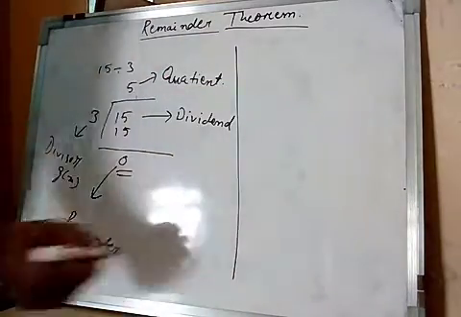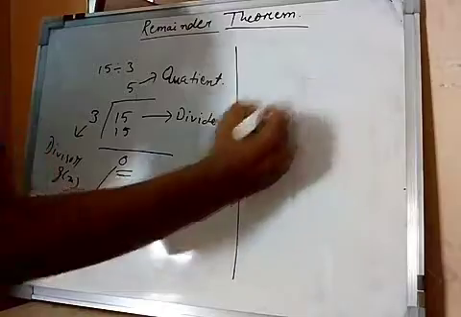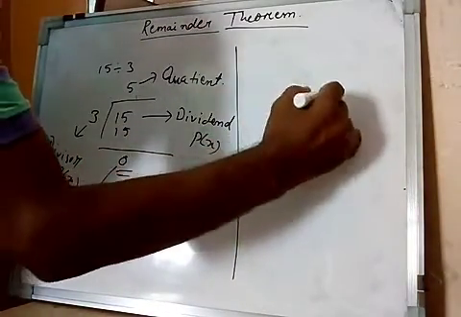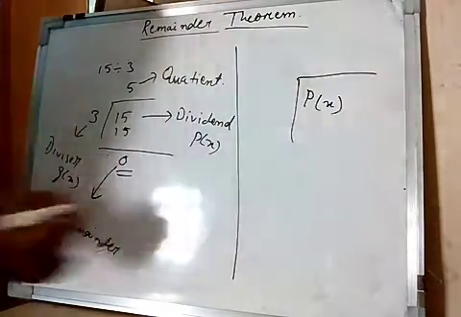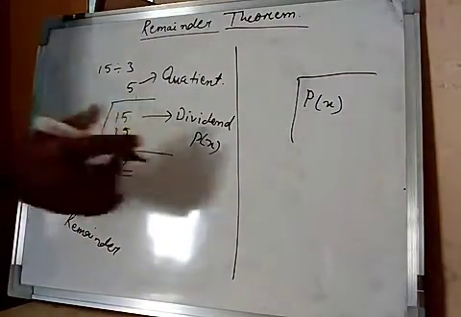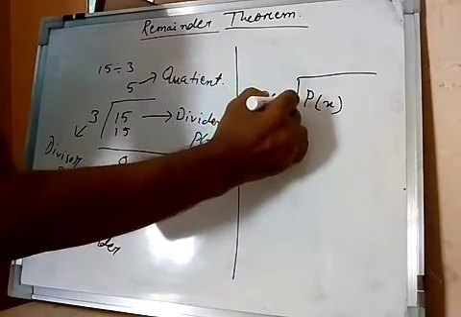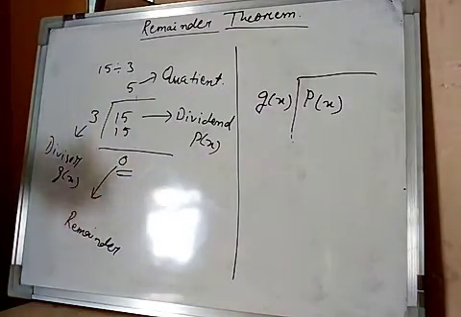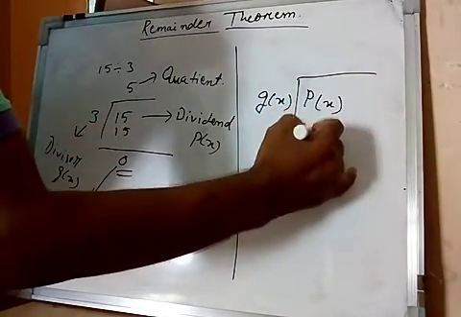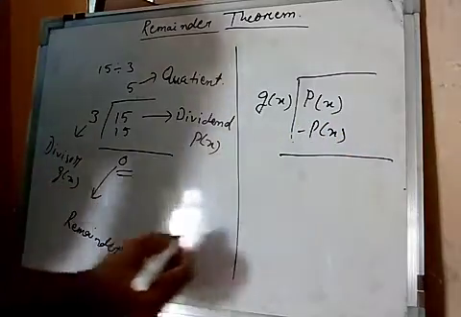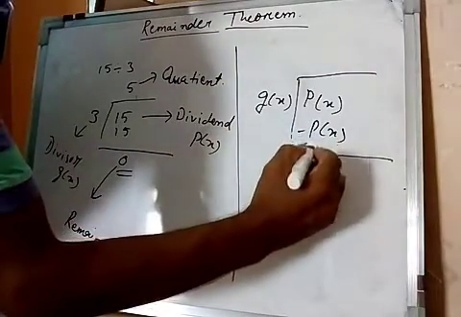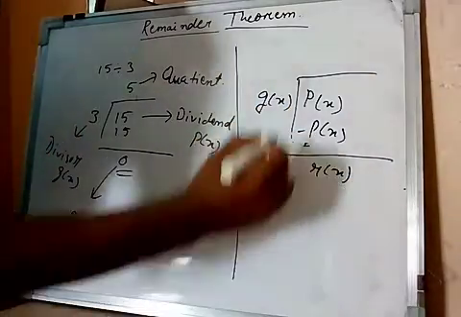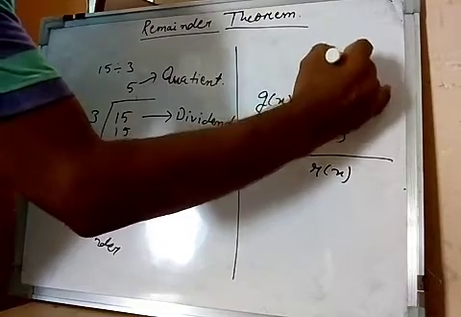Same thing we will take in the example of a polynomial. For example, the dividend is p(x), polynomial in x, so p(x) will be the dividend. Now who is dividing? g(x) is dividing, meaning polynomial g in x. Then the remainder is r(x) and the quotient is q(x).